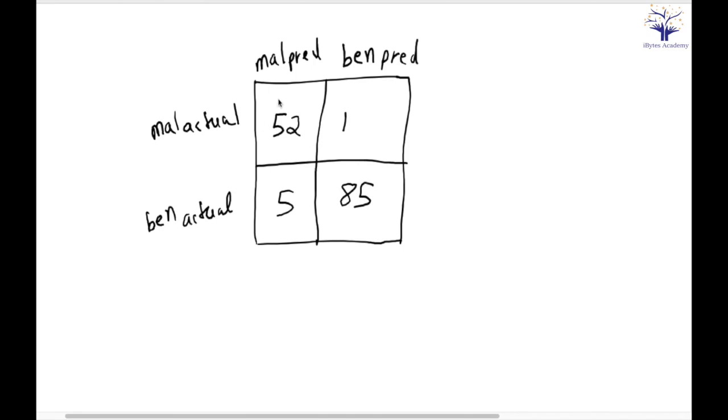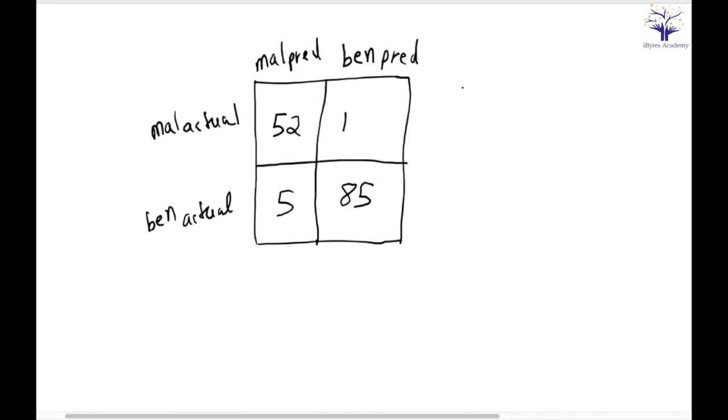So out of those 53, my algorithm predicted 52 of them malignant and one of them benign, right? So 52 out of those 53 were correctly labeled by my algorithm. For my benign category, out of a total of 90 data points, 85 were correctly labeled by my model and only 5 of them were incorrectly labeled, right?